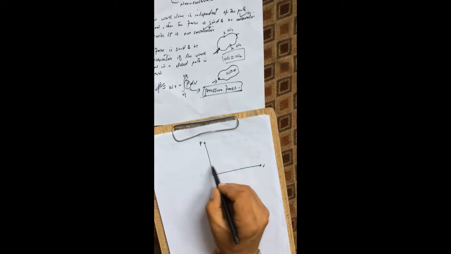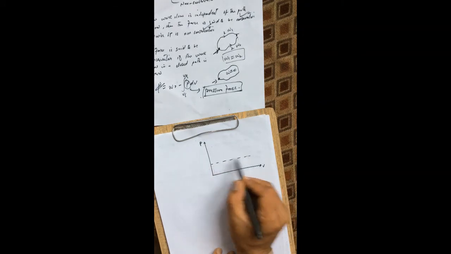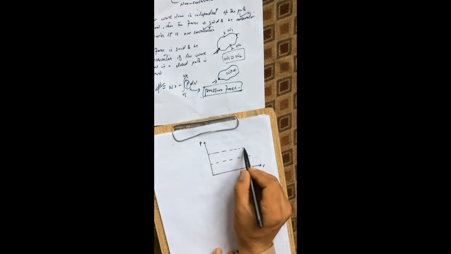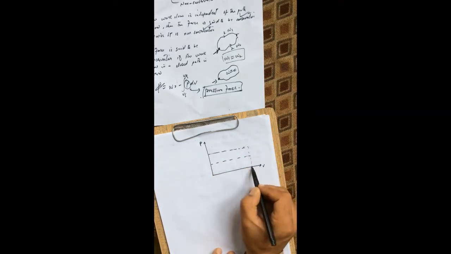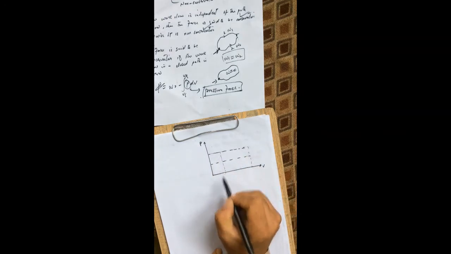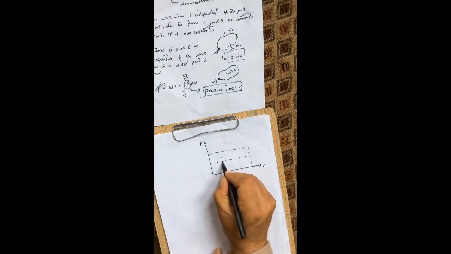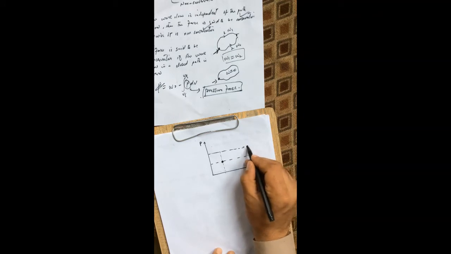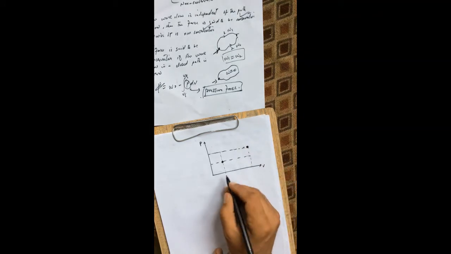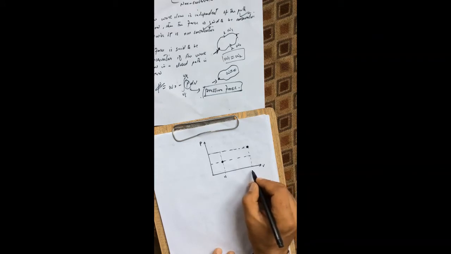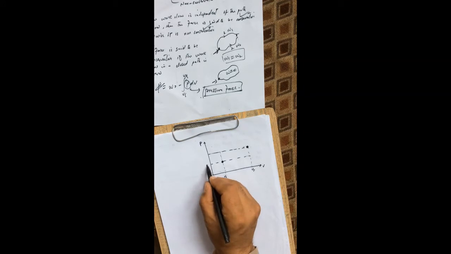Suppose we are bringing this system from this initial condition to this final condition, such that here the volume is Vi, here the volume is Vf, here the pressure is Pi and here the pressure is Pf.